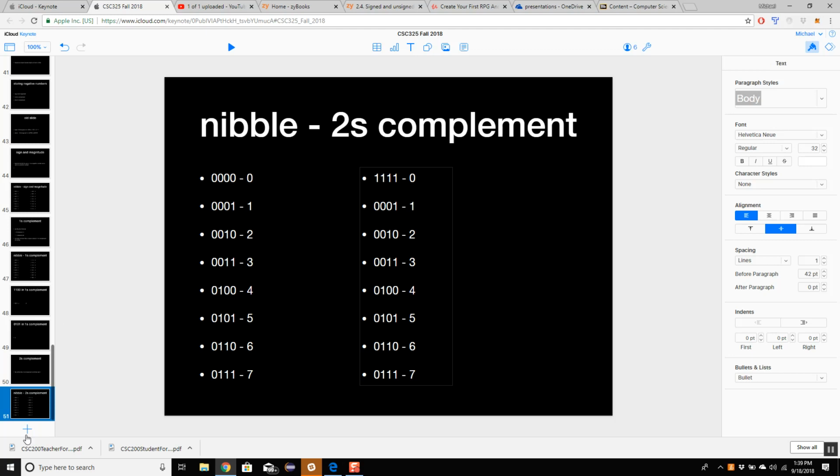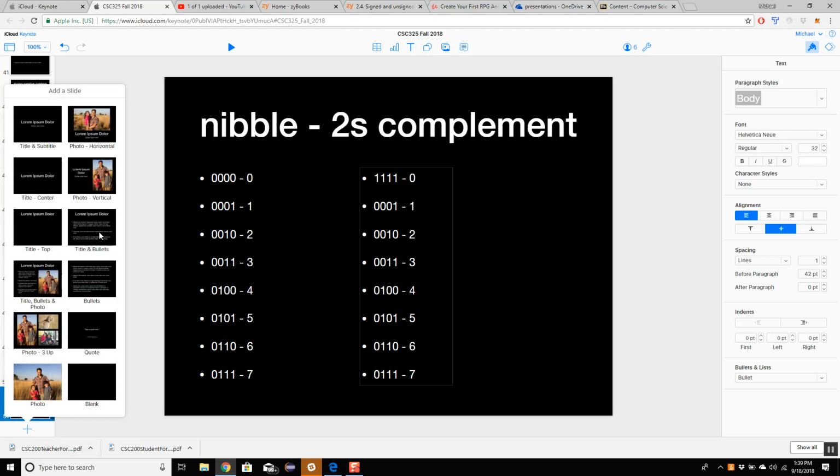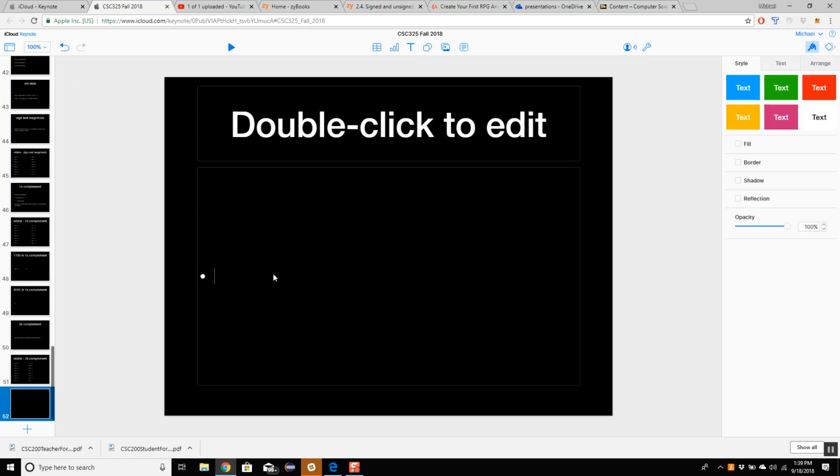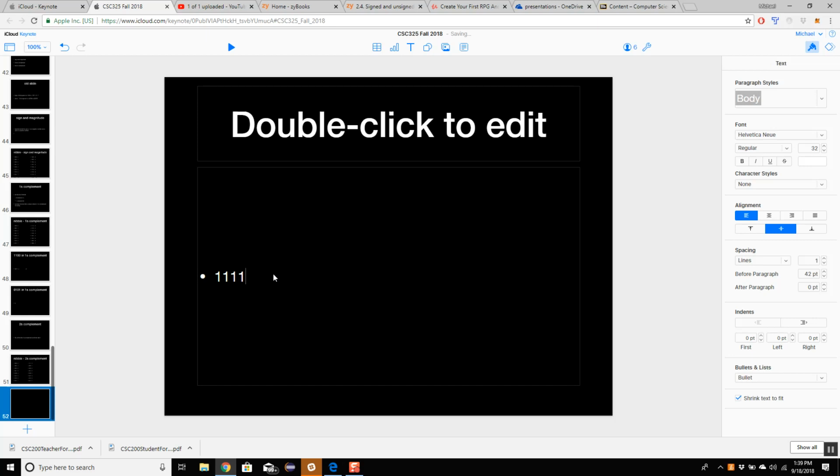All right, so let's pause here for a second and think about binary addition. 1, 1, 1, 1 plus, I'll just throw some zeros in here just for padding, plus a 1. Doesn't matter how many zeros we put in front of it, doesn't change the value of it, right? So this is 1, 1, 1, 1 plus 1.